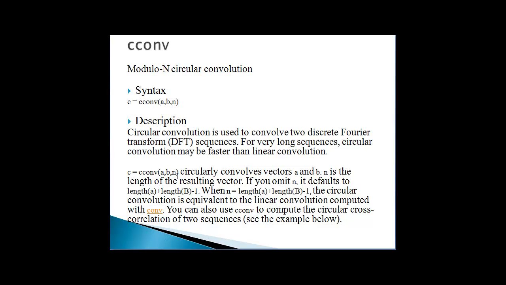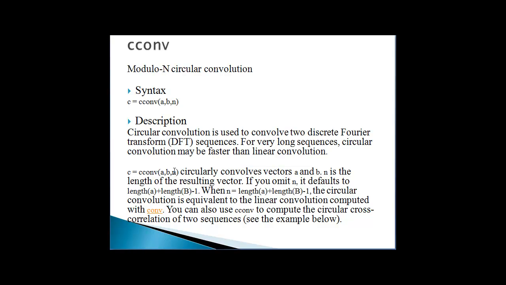Now for example, c equal to cconv(a, b, n). This circularly convolves the vectors a and b, and n is the length of the resulting vector.